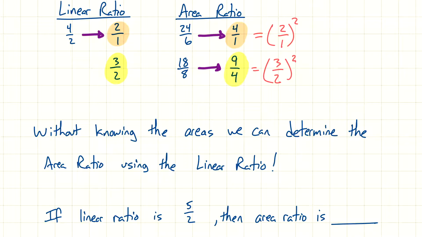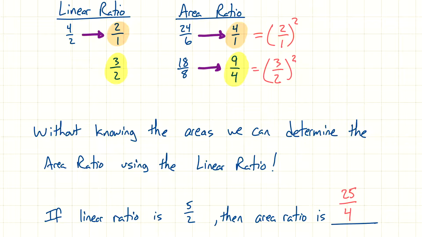All right, so if you got this correct, you should have thought of 5/2. We're looking at 5/2, and we're going to square it. So 5 times 5 gives us 25, and 2 times 2 gives us 4.